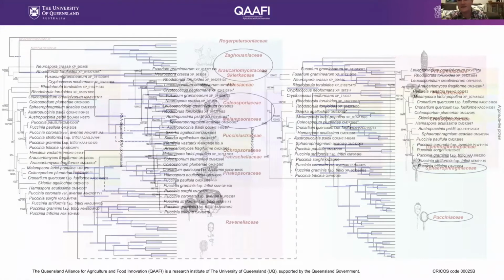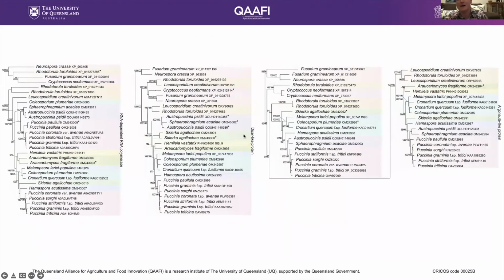And the message from this is that the RNAi machinery is present in every single rust that we looked at. That's the take-home from this. It's present in every family across the Pucciniales that we looked at. What's also interesting is that even though we've got paralogs and orthologs of our RDRPs, our Dicers and Argonautes, they're just homologs of the genes that were originally identified in Ascomycota and Cryptococcus for these RNAi machinery genes.